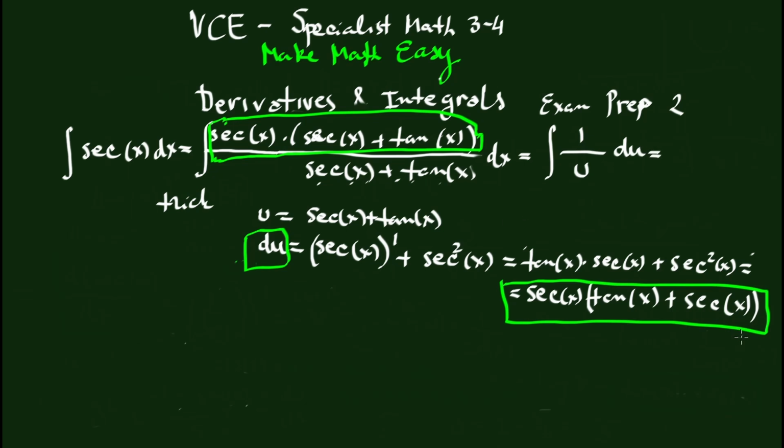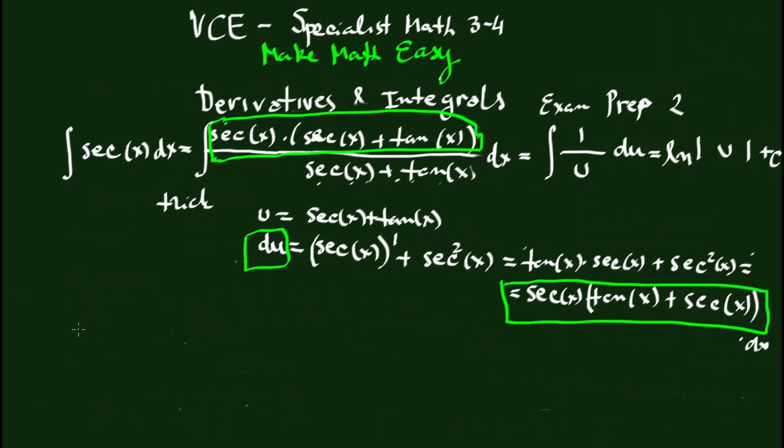Oh, I've forgotten here that we've forgotten to put dx, right? Times dx, yeah? Because of the derivative, right? Because derivative by u, derivative by x. So what's this? Oh, that's a natural logarithm, ln of the absolute value of u plus c.